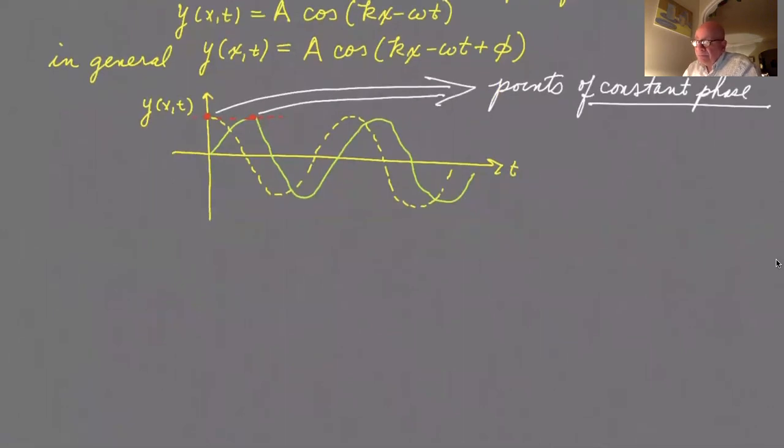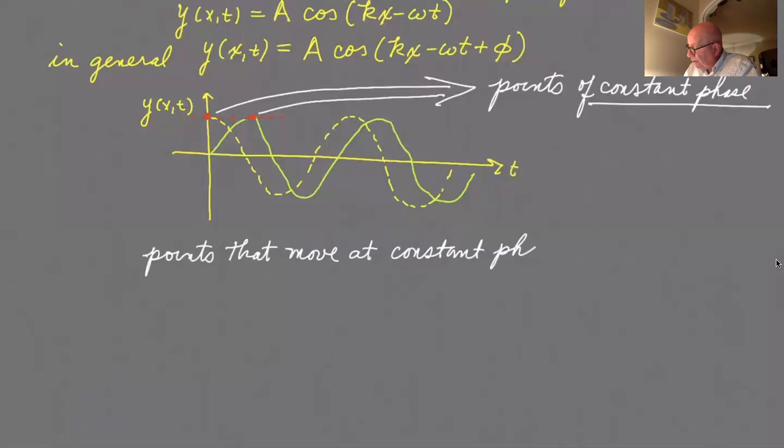So points that move at constant phase means that if we look at the argument here, kx minus omega t plus phi is equal to a constant. Let me just rearrange this a little bit.